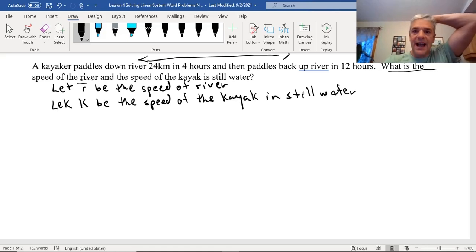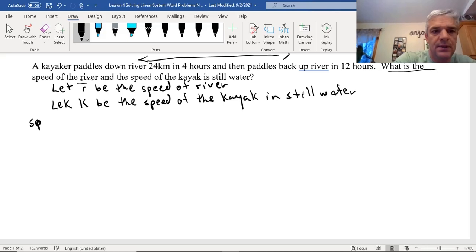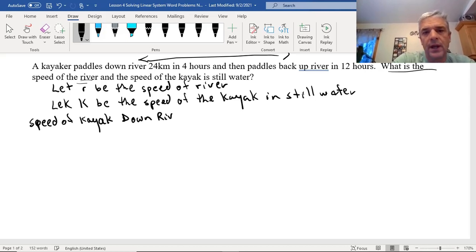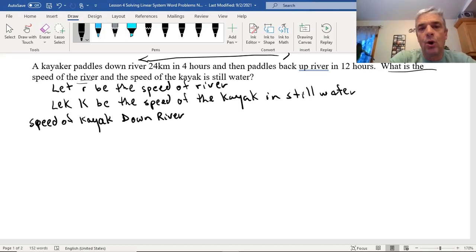Now, what we need to do is identify the actual speed going downriver and the actual speed going upriver. And that can be a little bit challenging to do, but it's not that difficult. So the speed of the kayak going downriver will be the distance over time.